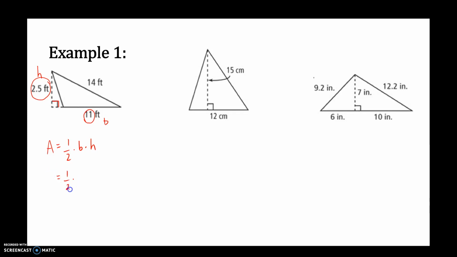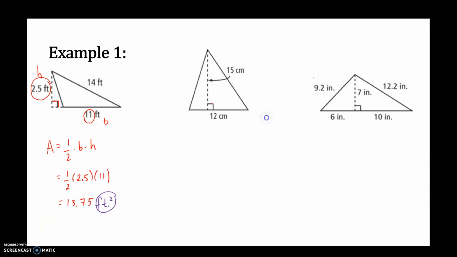So 1/2 times 2.5 times 11, and you can use your calculator for these, and I get my area to equal 13.75. Now let's talk about units. The sides are measured in feet, so units for area would be feet squared. That's not feet to the second, that's not feet in 2. We say that as feet squared.